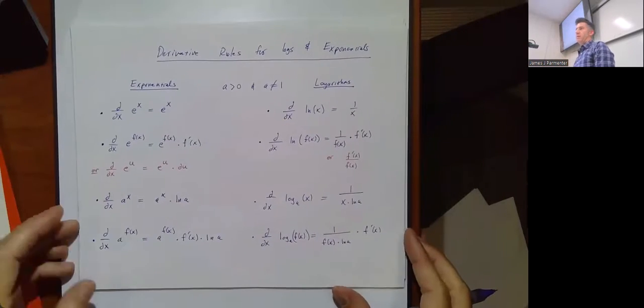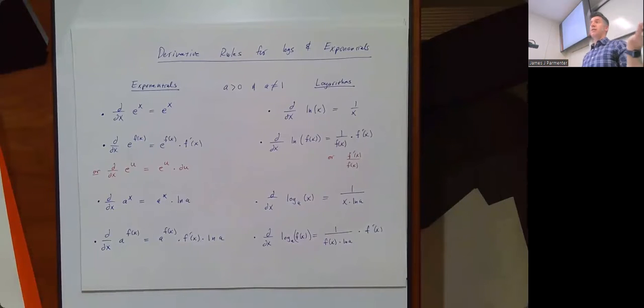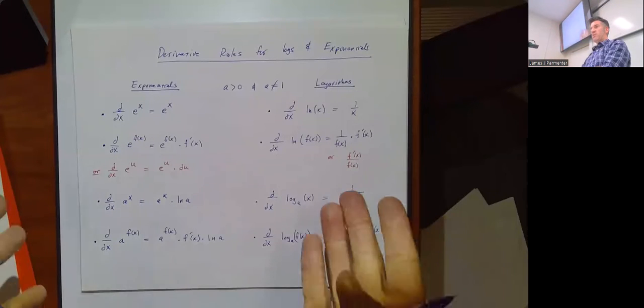Those are rules you'll be expected to take with you going forward. That concludes the list of derivative rules: product rule, quotient rule, power rule, chain rule, derivatives of the trig functions, and derivatives of exponentials and logs.